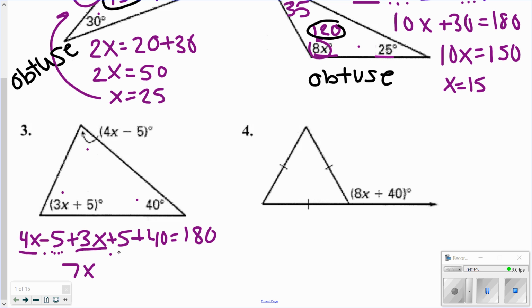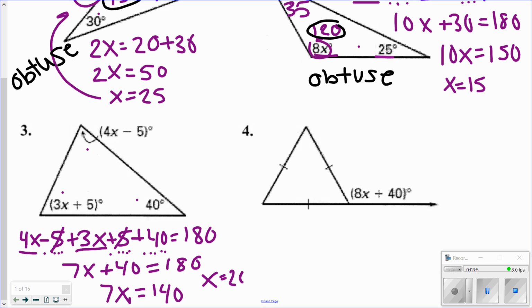Negative 5 plus 5 plus 40, that means those cancel out, and I have a positive 40 is equal to 180. Subtract 40 from each side, 7x is equal to 140. So that means that x then is equal to 20, and I'll highlight that.